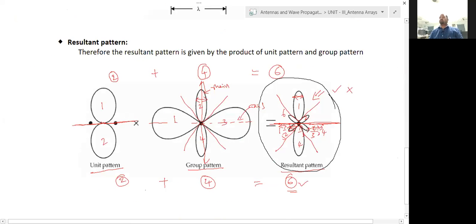I'm talking about the shape. In the principle of multiplication of pattern, we can just draw the radiation pattern. We cannot accurately determine the directions.